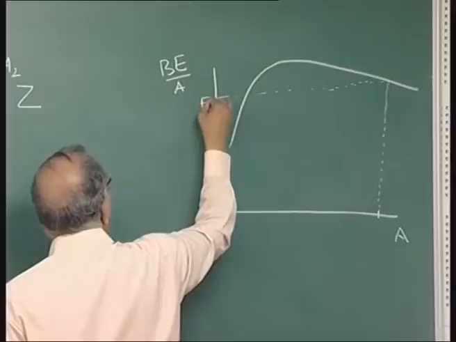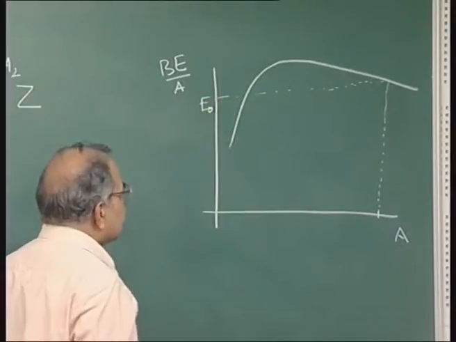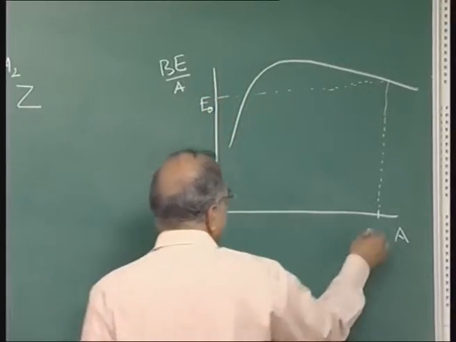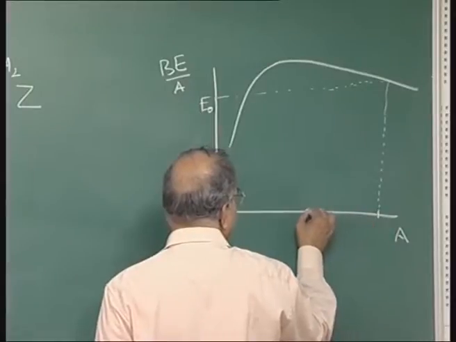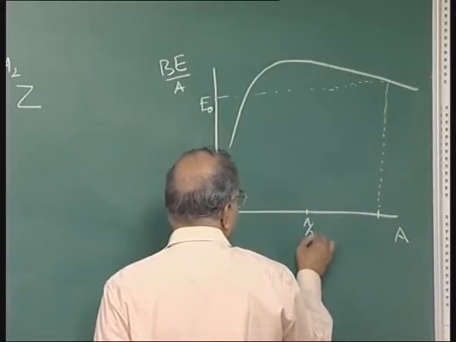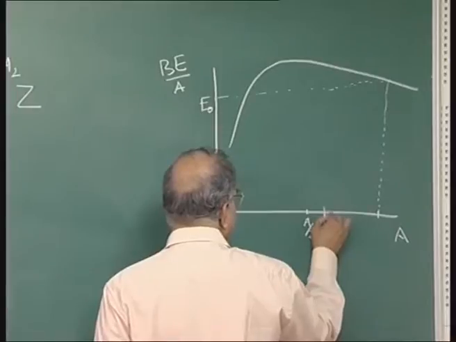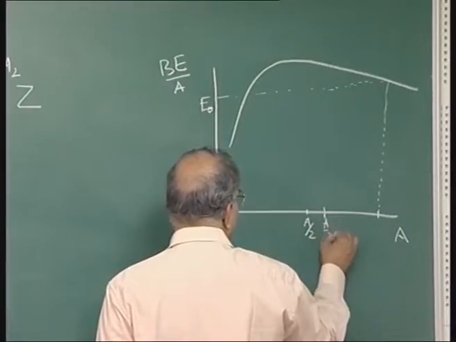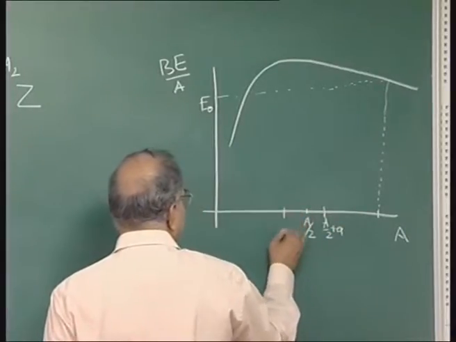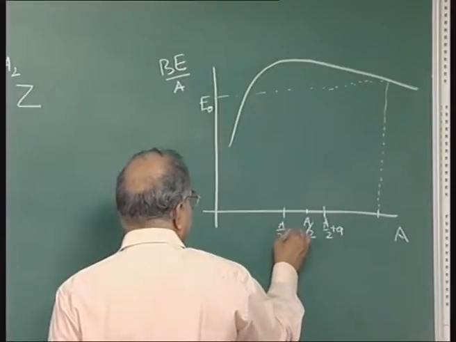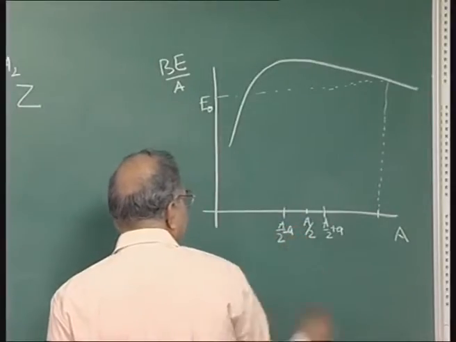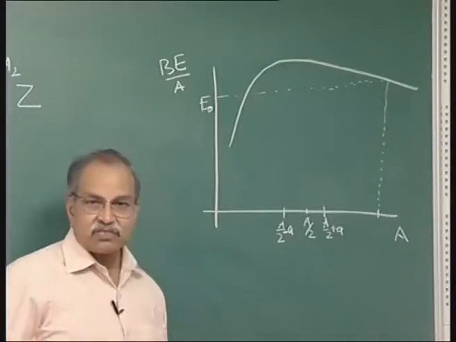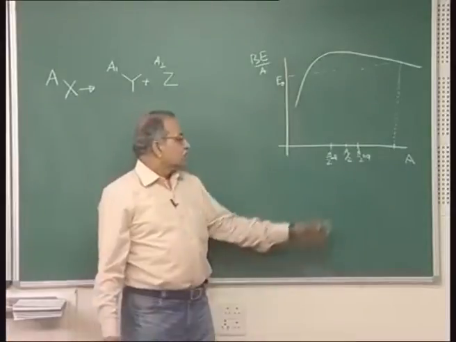So, this is E1 or E naught, and then you have A by 2. So, somewhere here A by 2, and then one fragment is say here A by 2 plus a, another fragment is here A by 2 minus a. For the time being, I am not considering the neutrons which are emitted.